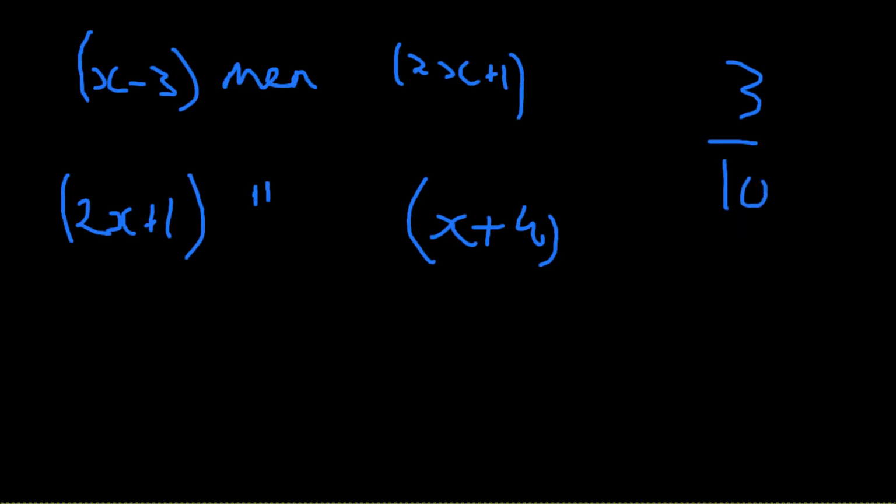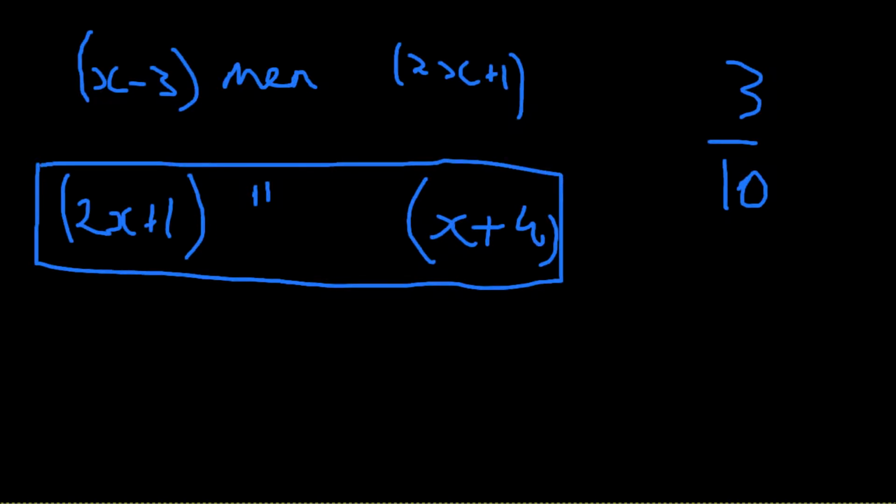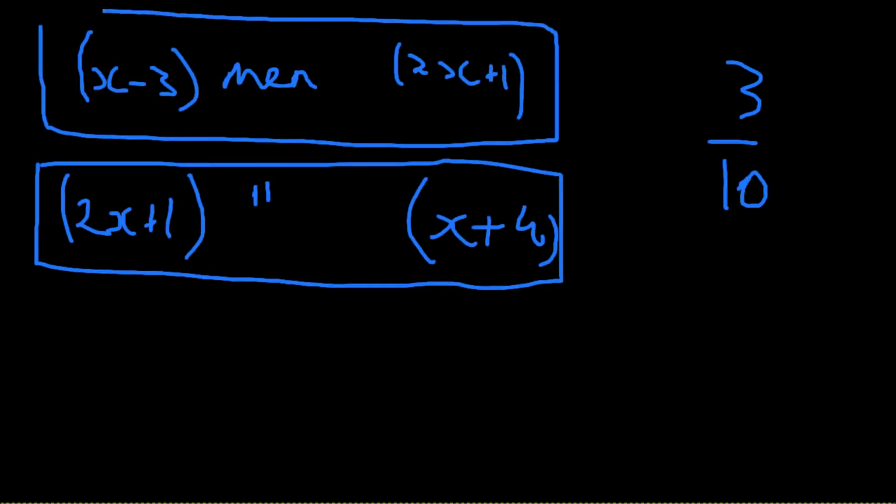Just imagine two groups of people. One has x minus 3 people, one has 2x plus 1 people, and they both work for different numbers of days. That's this and this. And the work that they're able to do is in the ratio of 3 upon 10. So say you have one man and the work that he does in one day, let it be W for now.